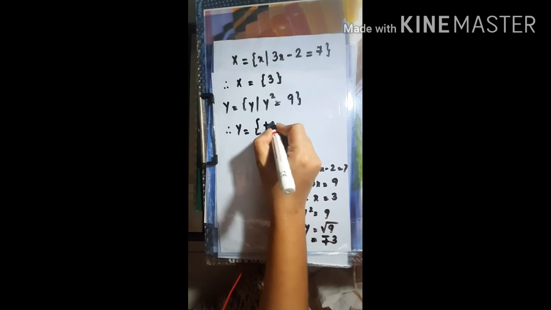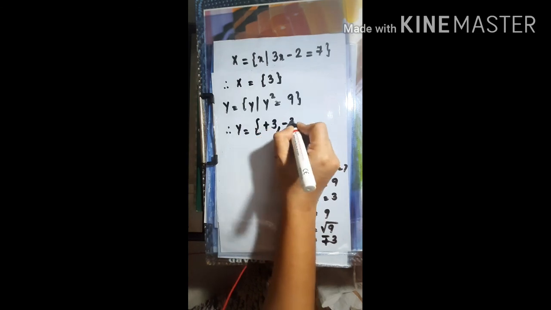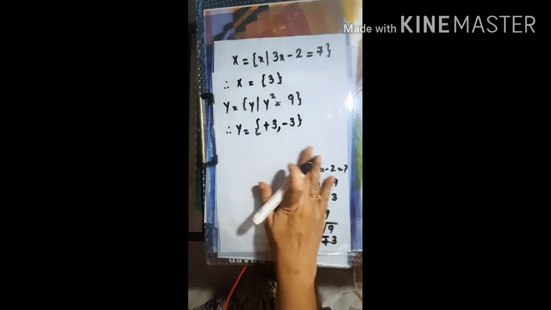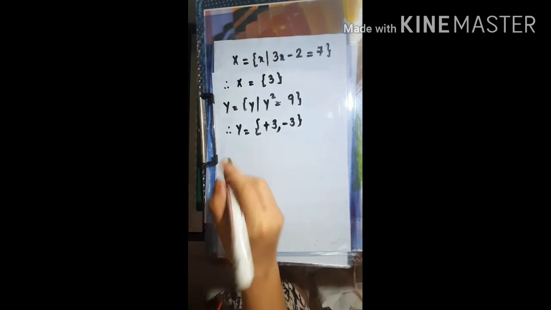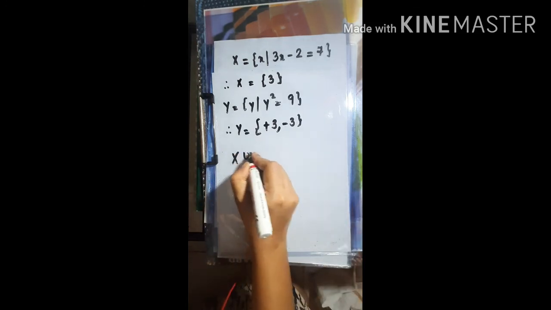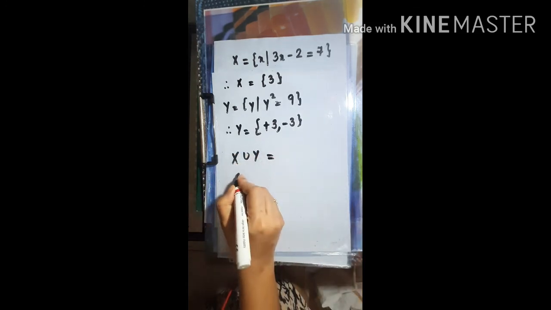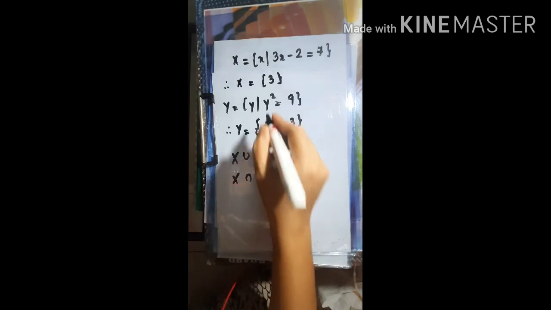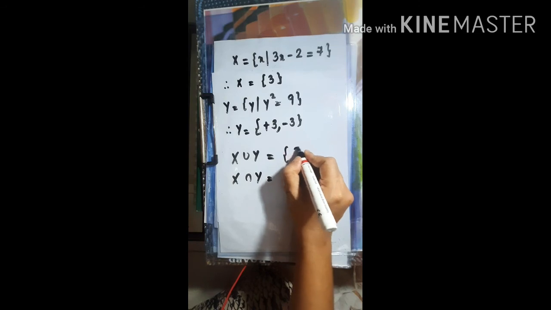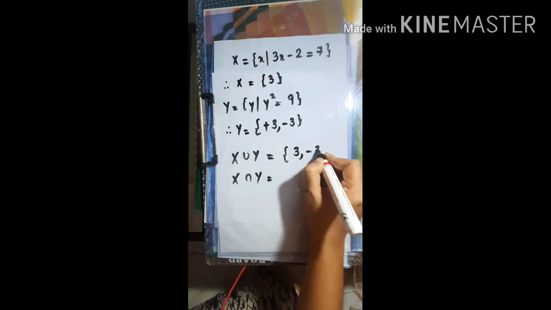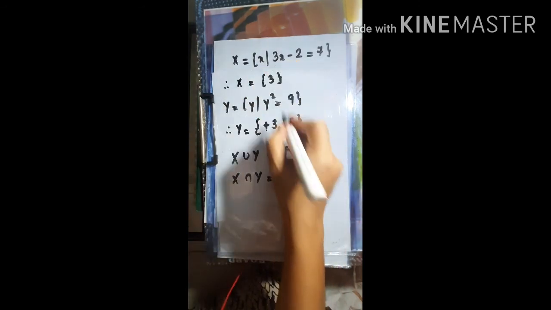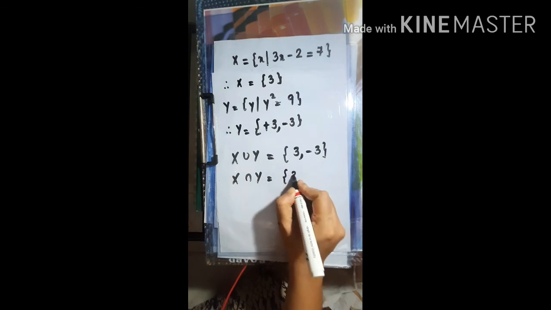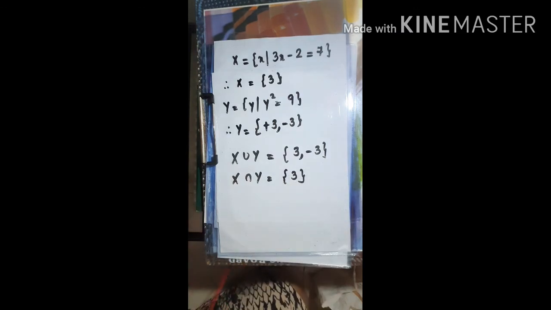Now, I want you to find X union Y and X intersection Y. Union means together, so plus 3 and minus 3. Intersection is only what is common. Plus 3 is common. So these are my sums for union and intersection.